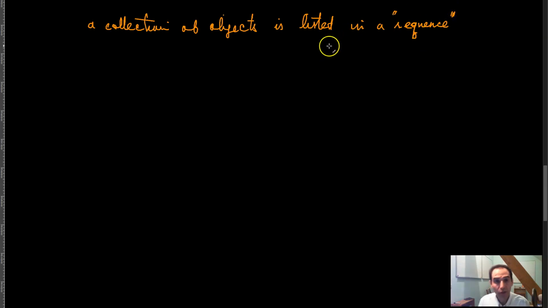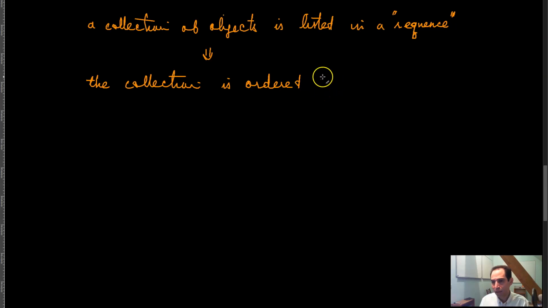Maybe in the English language, people sometimes use the word in different contexts, having different meanings. But when in mathematics we say that a collection of objects is listed in a sequence, what that means is that the collection is ordered in such a way that it has an identified first member, second member, third member, and so on and so forth.